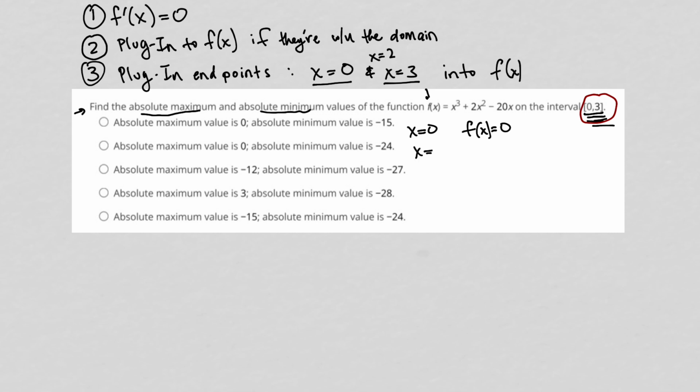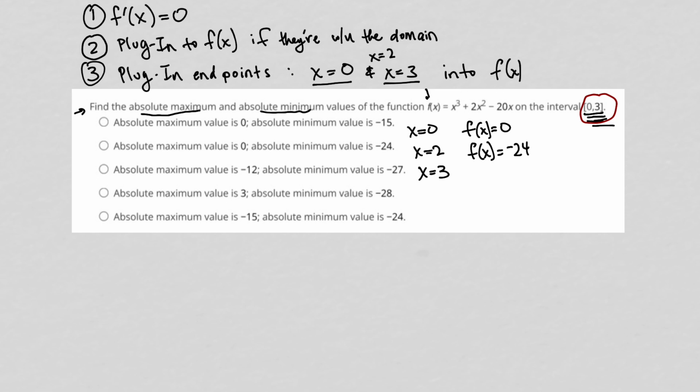At x equals 2, this becomes 8 because 2 to the third power is 8. This also becomes 8 because 2 squared is 4 times 2 is 8. And then this becomes minus 40, because 20 times 2 is 40. So I'd have 16 minus 40, which is negative 24. So f of x equals negative 24. Most likely that's going to be my minimum, but we'll keep trying our last option.